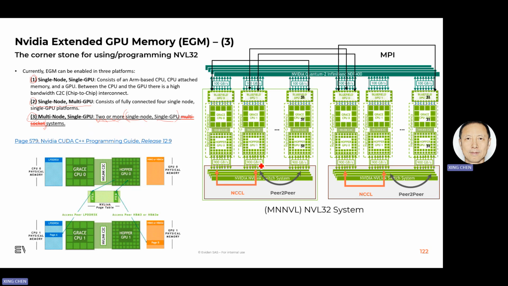Because if you look at these NVL32 systems, you have two or more single node, single GPU systems, and basically this is the Type 1 system.